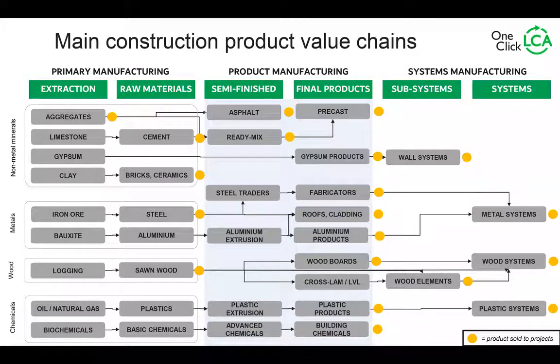Aluminium, on the other hand, goes through various refining steps from the smelter to be extruded, made into profiles, for example, and incorporated, let's say, in windows or aluminum-based products such as facades and others.